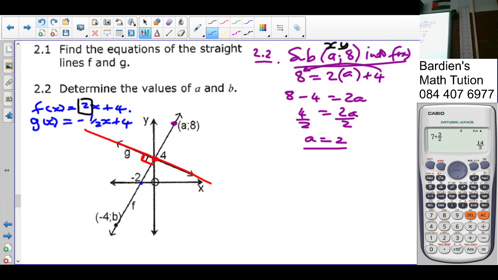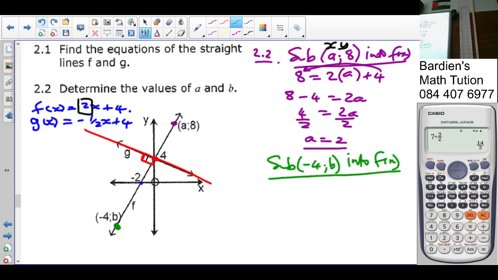Okay? So now, to calculate b, where is b on? It's a coordinate on f as well. So can I substitute it into g of x? No. You can only substitute it on the line it is lying on. Not so? So we're going to substitute negative 4 and b into f of x.